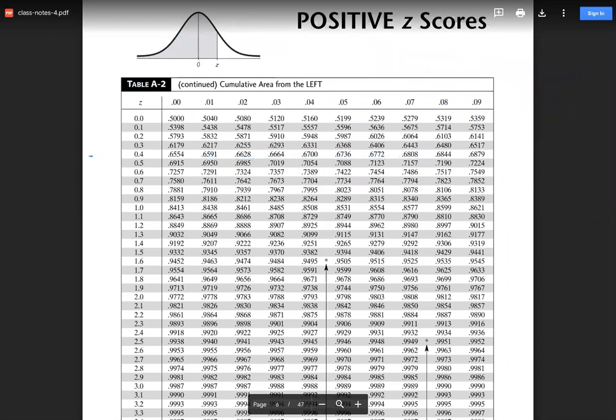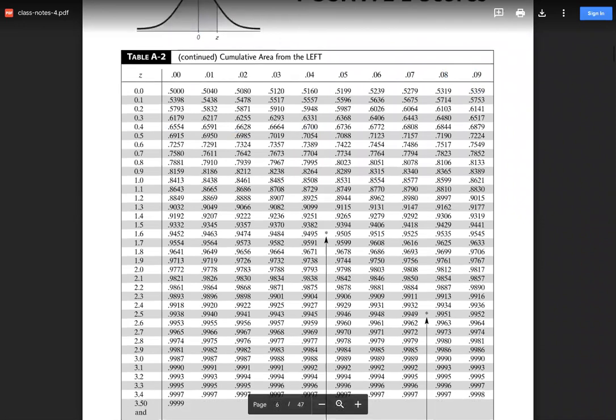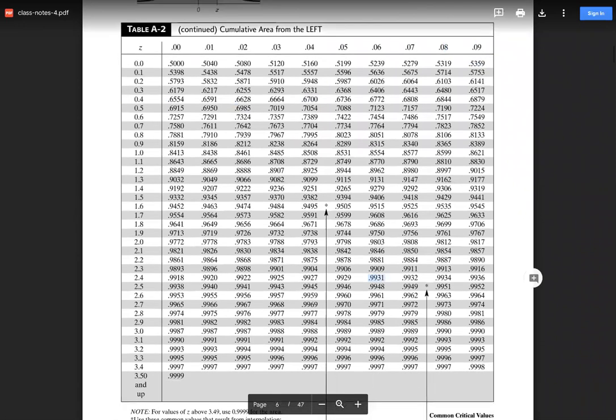Let's do more examples. Okay. So let's find the probability of z greater than, not less than, greater than 1.28. Remember, greater than means we are looking for the area to the right. So let's say this is 0, this is 1.28.